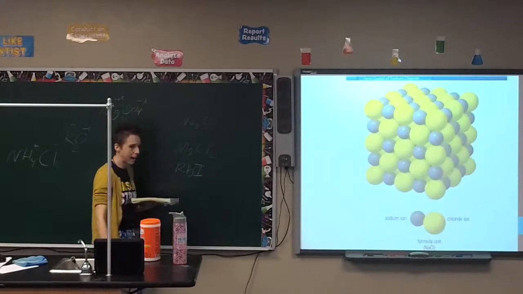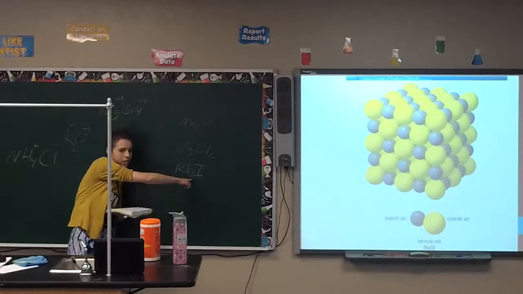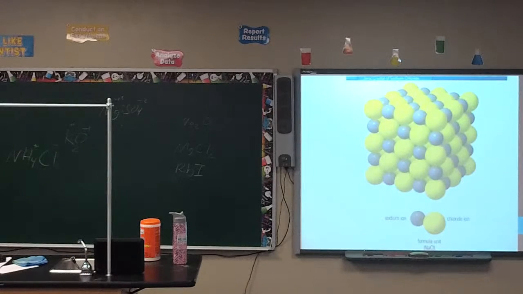Alright, looking at the next one, RbI, rubidium iodide. Is this one a non-metal to a metal? What's iodine? It's a halogen.